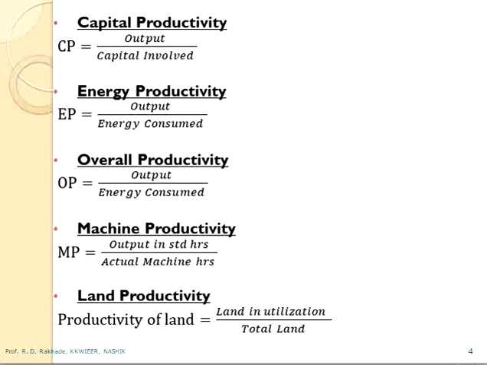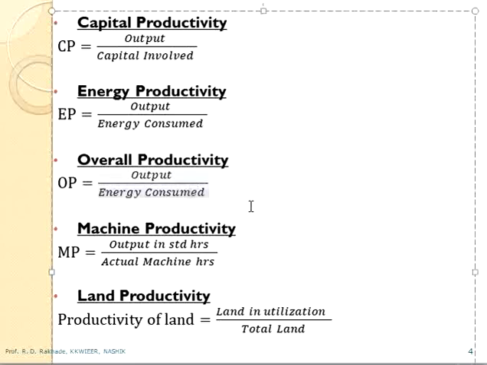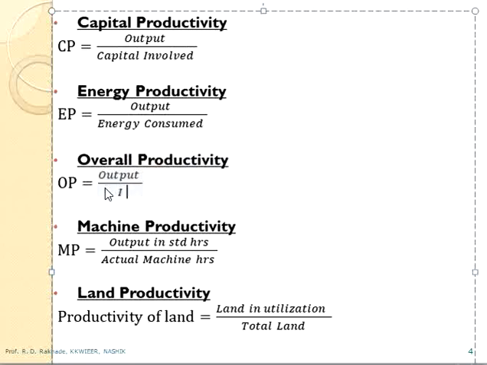Then overall productivity: overall net output upon, sorry, typing mistake here, it requires all input factors. In all input factors we can consider man, machine, energy, capital, all input resources.